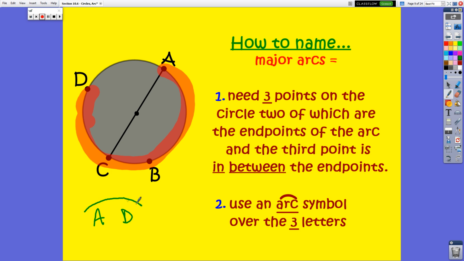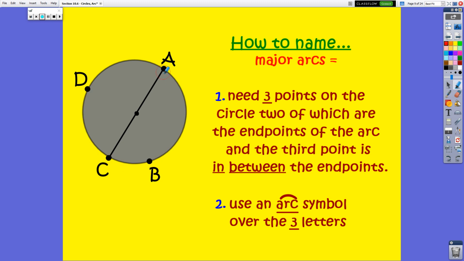And then I will still use an arc symbol here. But that middle letter just has to be any point that's in between A and D to get that major arc. So I could call this ABD, or technically I could call it ACD. And it would be referring to the same major arc.